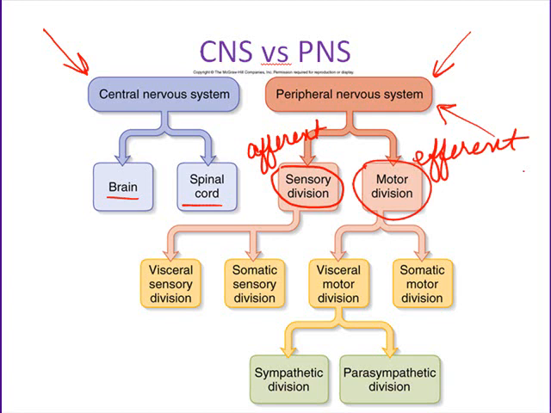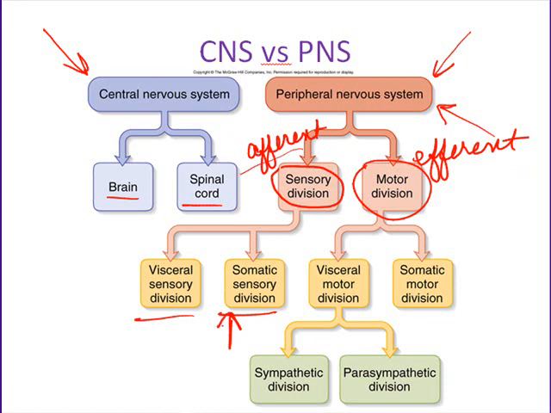Within the afferent division, there are two subdivisions. In other words, there are two places from which we can receive sensory information and then transmit it towards the central nervous system. We can get sensory information from our external environment, such as from our eyes, our ears, our tongue, our sense of touch in the skin. Those are all conveyed by the somatic sensory division.